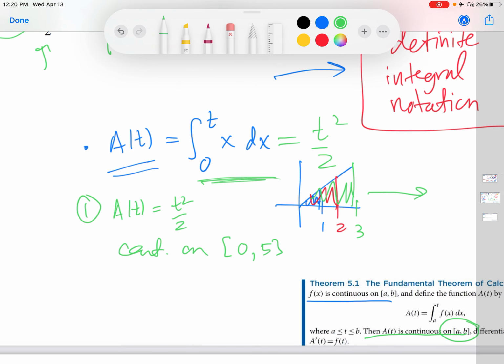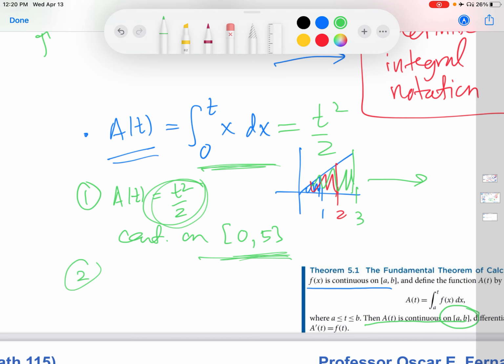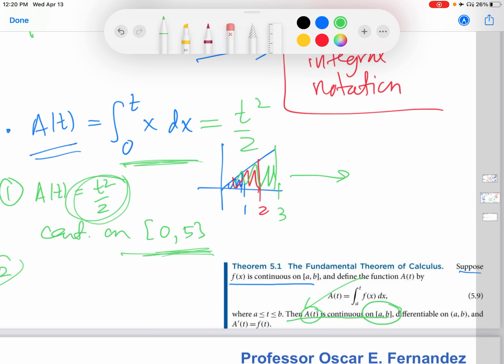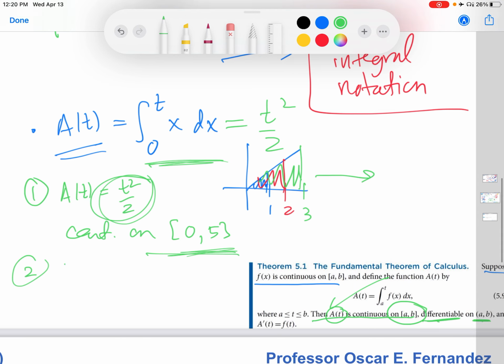So question, is t squared over 2 continuous on [0, 5]? Answer, yes it is. Remember all the continuity we talked about. I'm forgetting the video reference in this series, but this is a polynomial, right? It's a quadratic function, and those are continuous everywhere, including, therefore, on this interval 0 to 5. So check. Second, we want to make sure that A of t is differentiable on the open interval. Well, let's have a look at A prime of t.